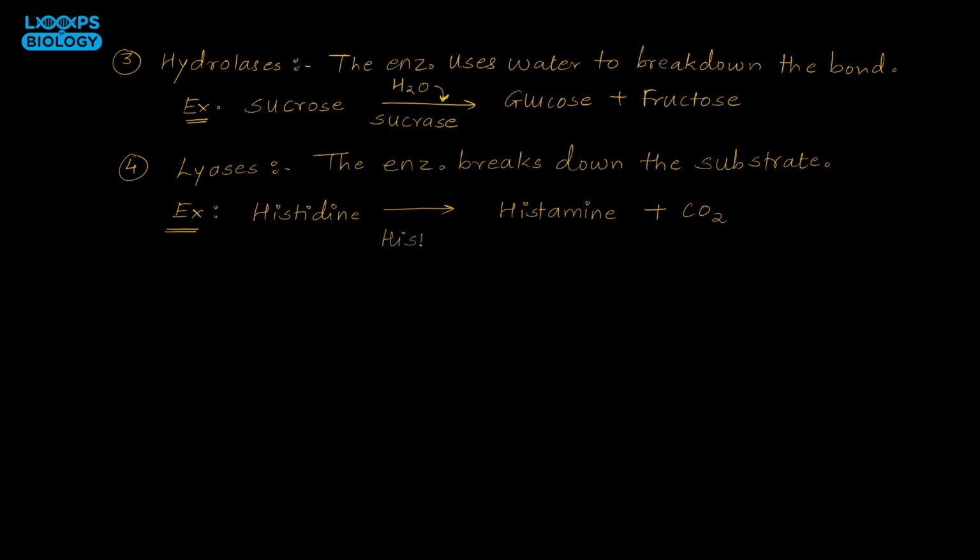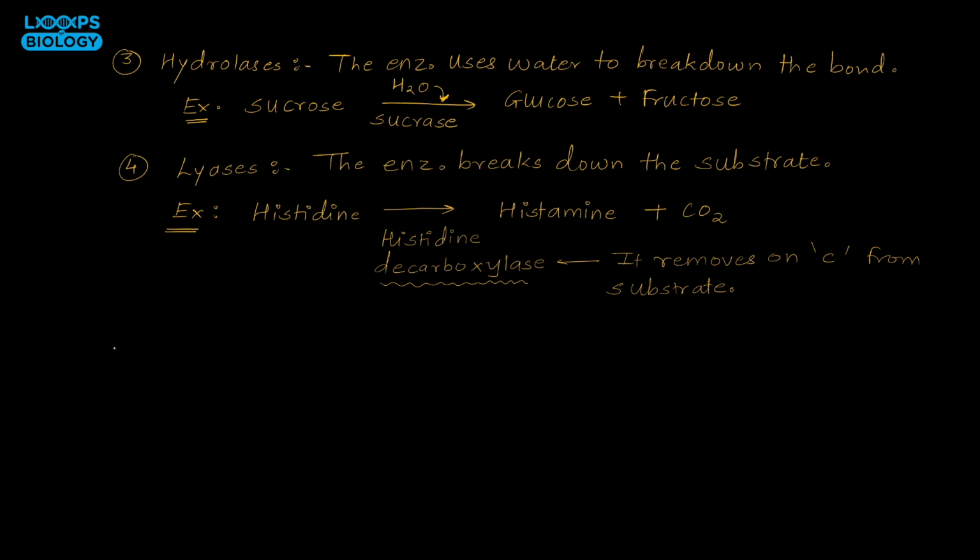That's why the enzyme name is histidine, as the substrate name suggests, decarboxylase. So this enzyme decarboxylase removes one carbon from the substrate, and in most of the cases it is always a CO2.